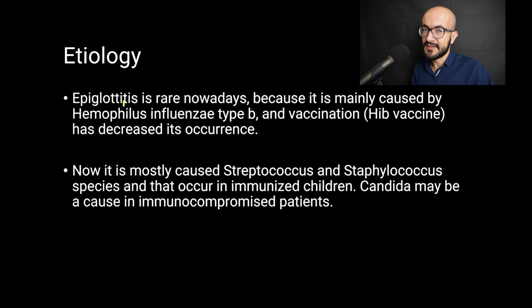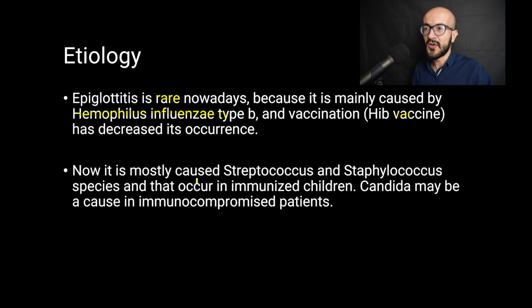Now epiglottitis is rare nowadays because it is mainly caused by Haemophilus influenzae type B, and vaccination, which is the Haemophilus influenzae type B vaccine, has decreased its occurrence. So the Hib vaccine is given early in life, and it prevents epiglottitis from occurring.